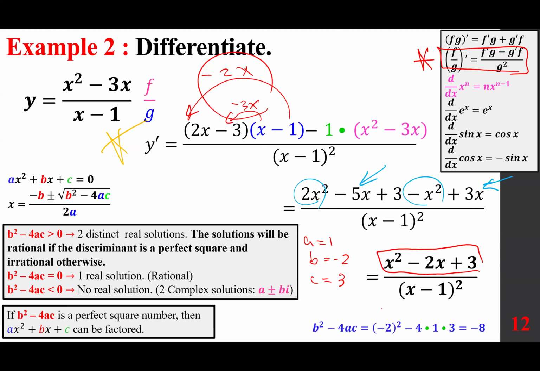And this is positive 4 minus 12, which is -8. And therefore, it can't be factored out. It has to be a perfect square number, such as 1, 4, 9, 25, 100, and so on. And therefore, we are done with this question.